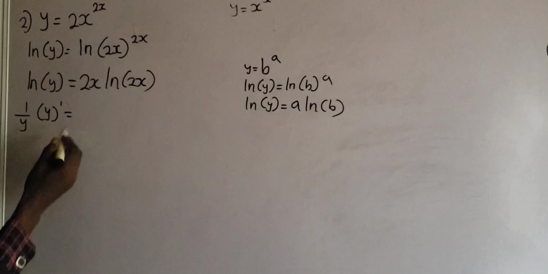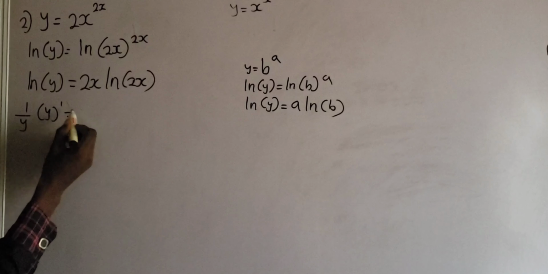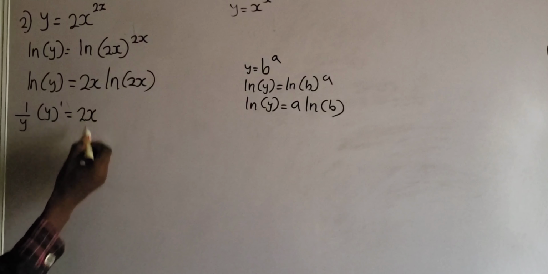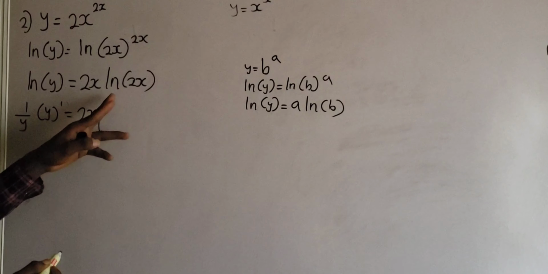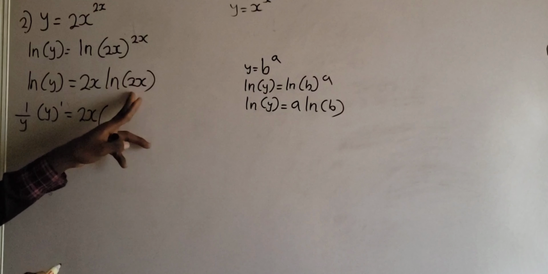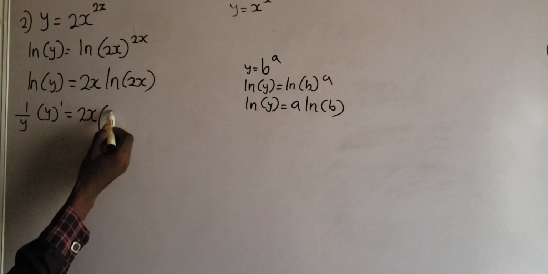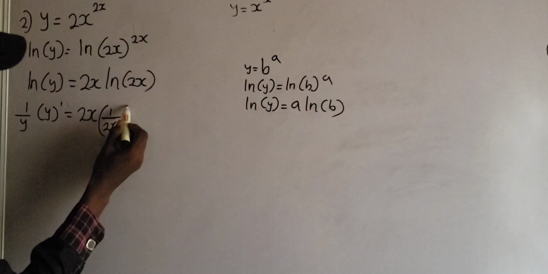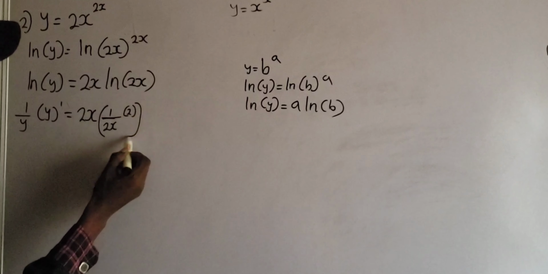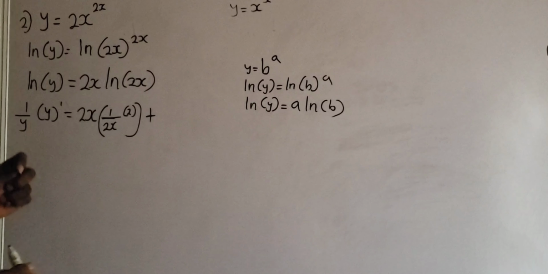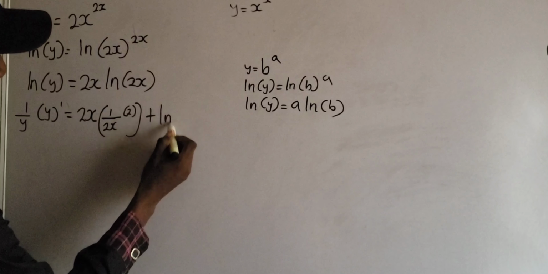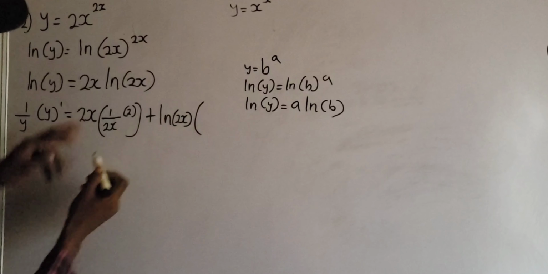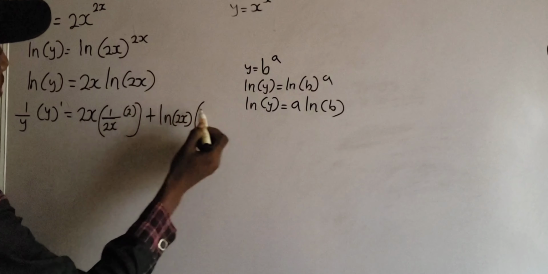Okay, now let's proceed. To differentiate this using product rule, I'm going to have u, 2x, multiplied by derivative of v, which is ln 2x. So I'm going to have 1 over 2x multiplied by 2, plus ln 2x multiplied by the derivative of 2x, that is also 2.